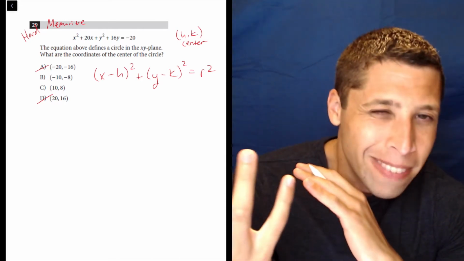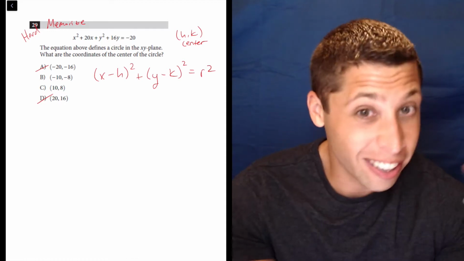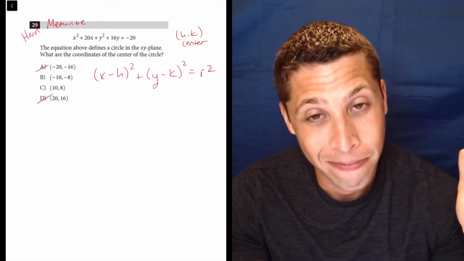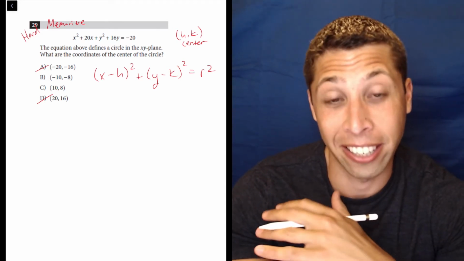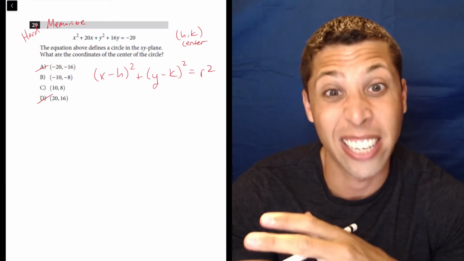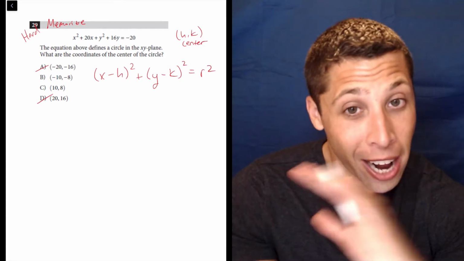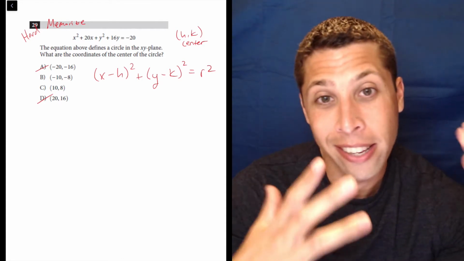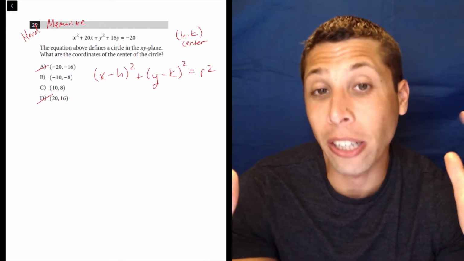So is it really going to be the case that the numbers that are just sitting there are the answer? Probably not, right? That's a little too easy for something that's the second to last question in the section, the second to hardest question here. So that increases your odds to now a 50-50 chance if you just sense the difficulty and know that those answers, A and D, are a little too easy.